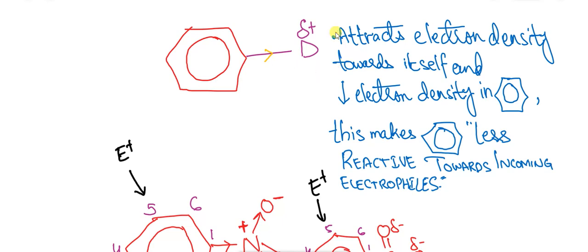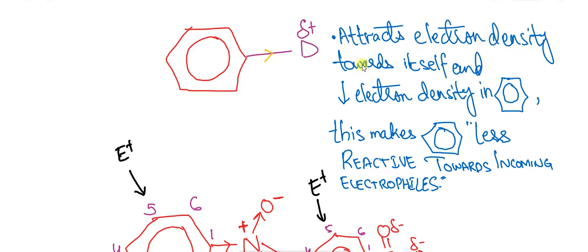The deactivating groups, as I told you, have a partial positive or a full positive charge. Towards the positive charge, the negatively charged electrons from the benzene ring will get attracted. This group will start pulling the electron density away from the benzene ring.